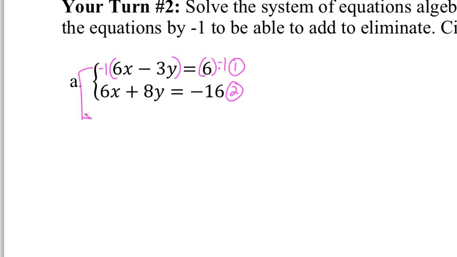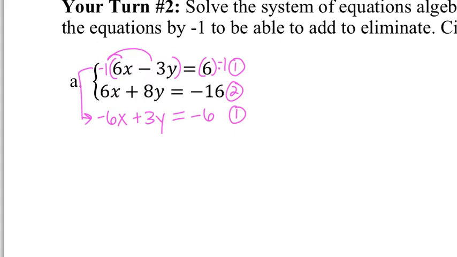It becomes negative 6x because we're taking -1 times positive 6x, and now we need to multiply -1 by -3y, so that becomes plus 3y equals, on the right side, 6 times -1, which is -6. This is equation number 1 edited, because we multiplied each term by -1. This becomes -6x, positive 3y, and -6 here.